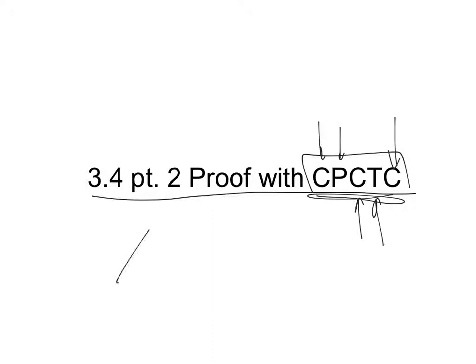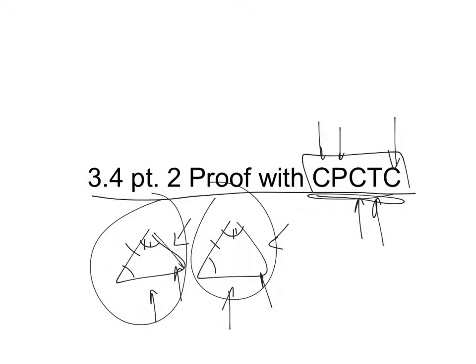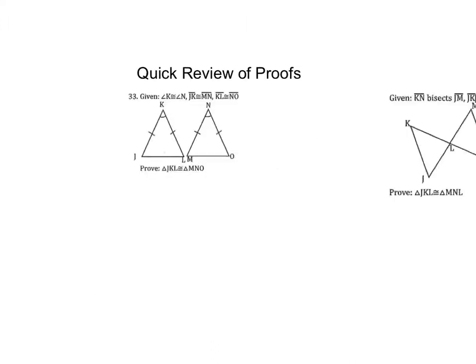Basically, it's a fancy way of saying once I prove two triangles are congruent, I can say each individual little part is congruent to each other. Once I prove the big things are congruent, then I can go back and say this piece and this piece are congruent. This angle and this angle are congruent. This side and this side are congruent.